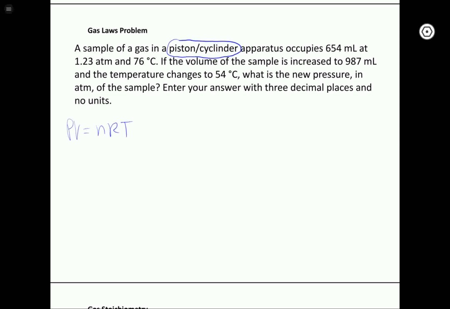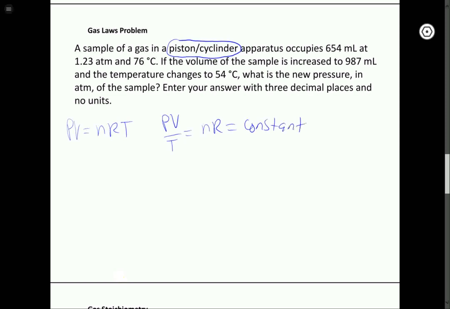And we move everything that's constant over to one side. So in this case, the only thing that's constant is the amount of gas. We're not told anything about how many moles we have, or we're not told that we're adding any more gas. But all three other variables change. So PV over T is equal to nR, and this is going to be constant. So the number of moles is constant, R is always a constant.